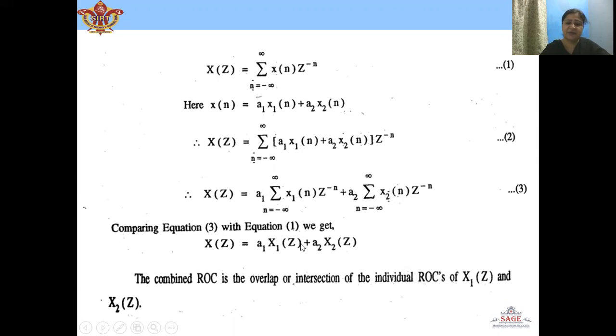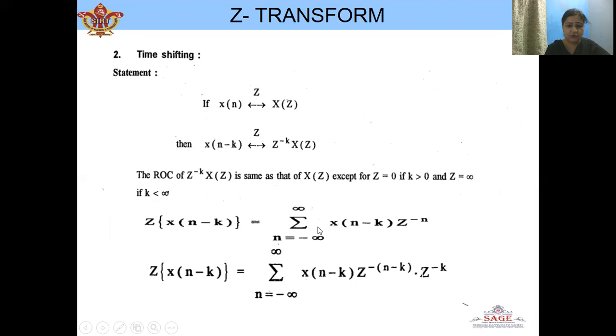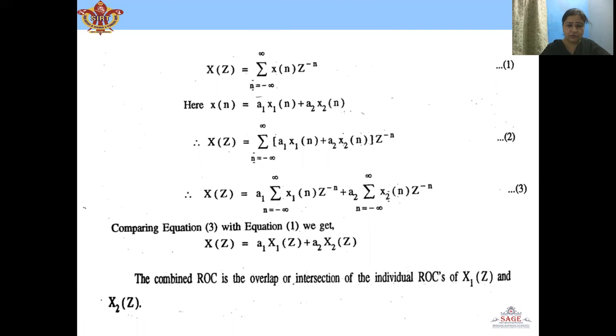And this expression represents the Z transform of x2(n), so it is represented by X2(z). So it is given by a1 X1(z) plus a2 X2(z). So this is the property which we wanted to prove.